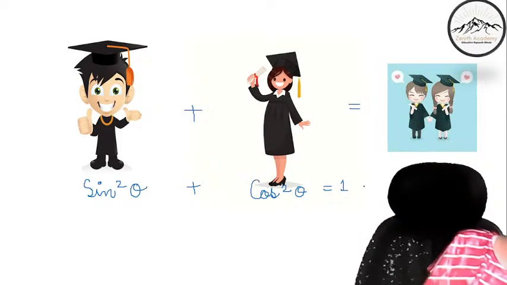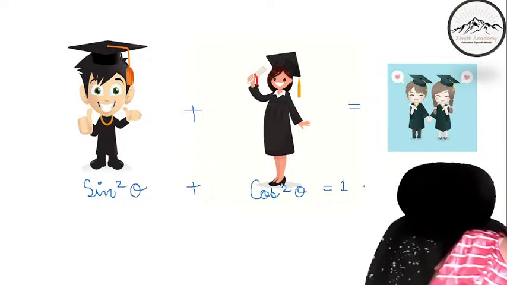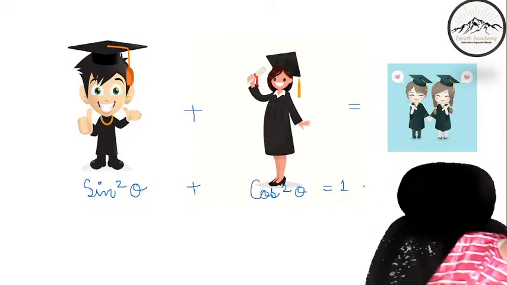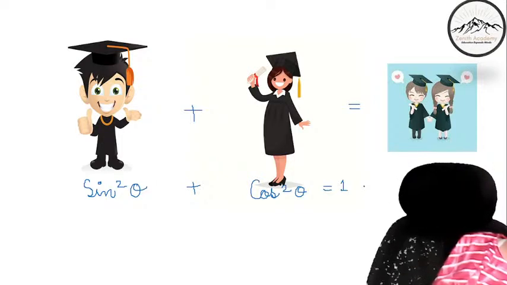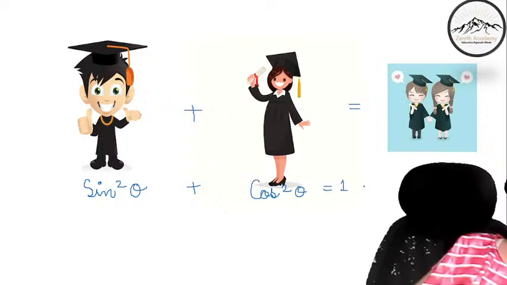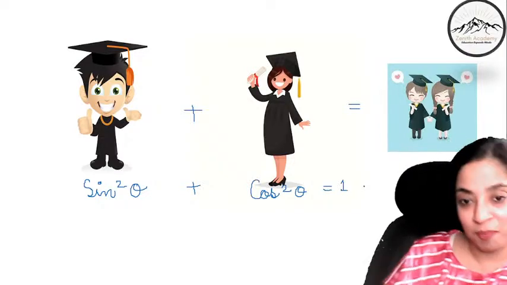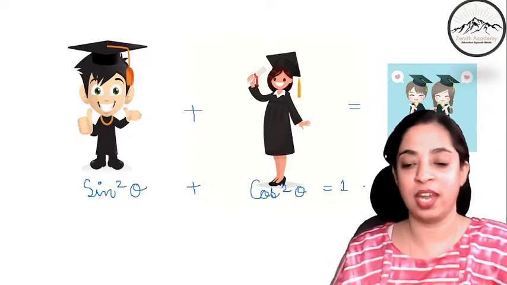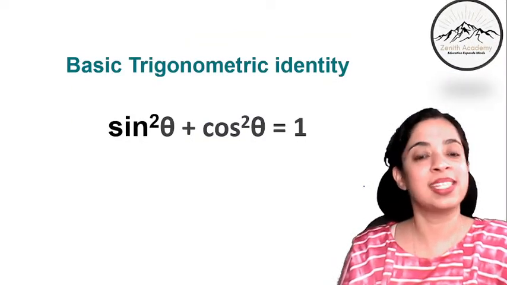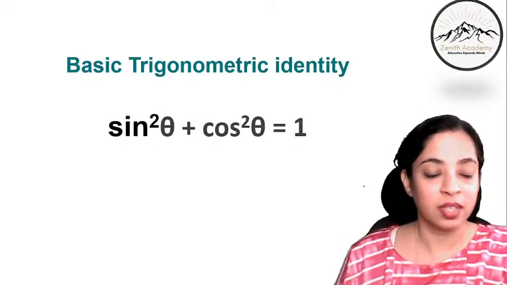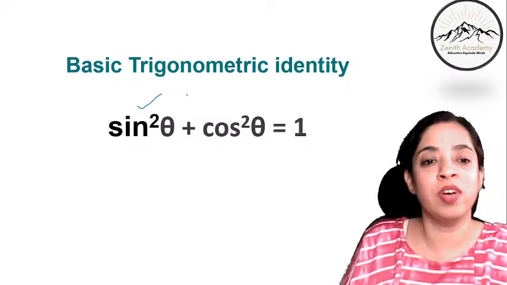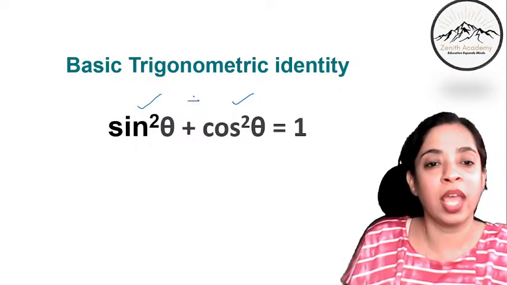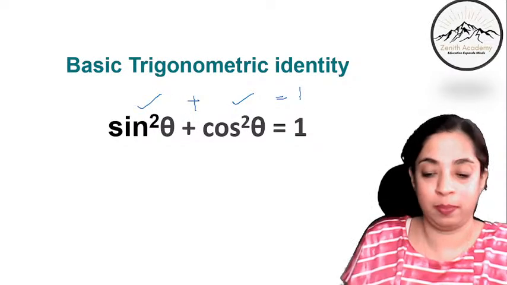Is that clear? Are you able to see this? If I was sine square theta and you were cos square theta, together we are 1. So this is the basic trigonometric identity.